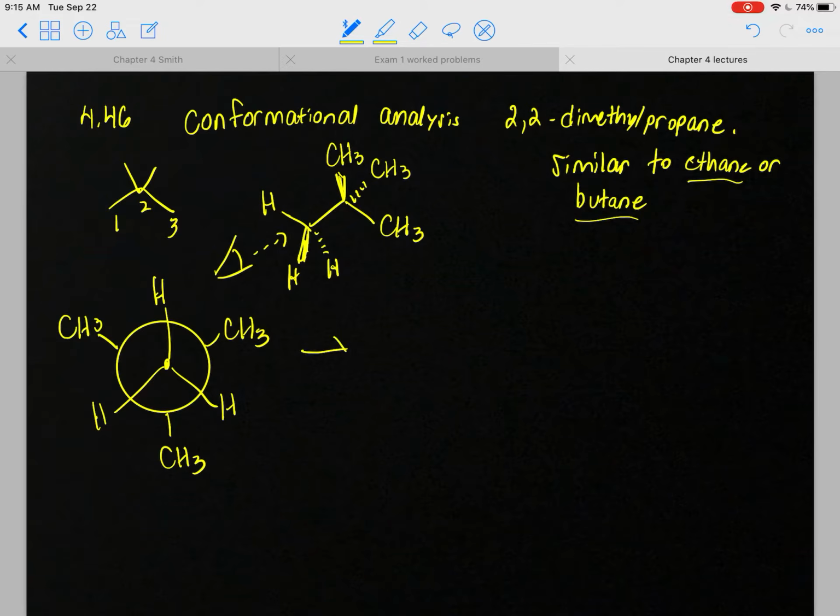Okay. Now as that carbon atom in back rotates, let's say clockwise, so we're going to rotate the back carbon, what we'll get is a new conformation.